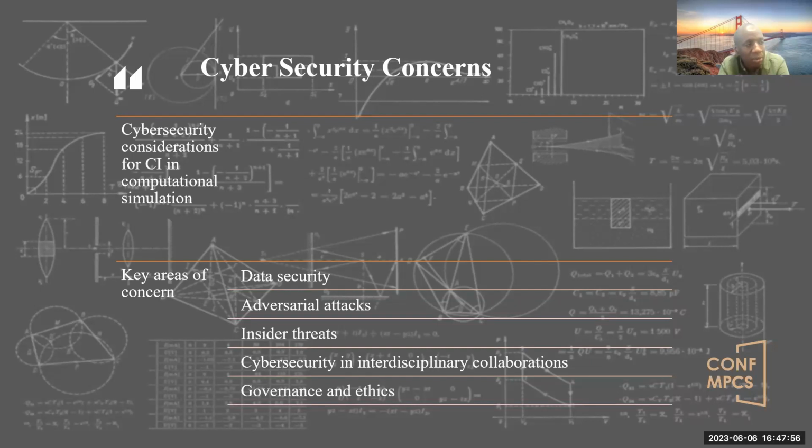Another issue here is insider threats. That's people who are working within the company, within the industry themselves. What happens if you have an employee who has an issue with the company or with other staff, and then that employee has left the company? They are an insider. They have left, but then what's going on?